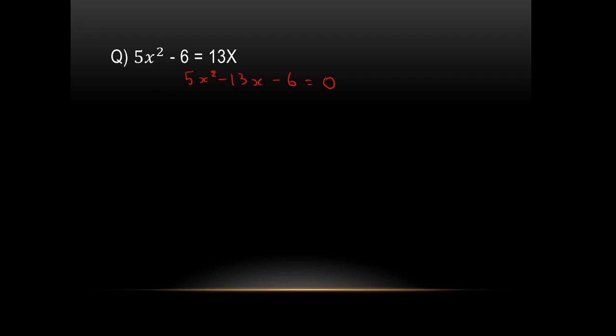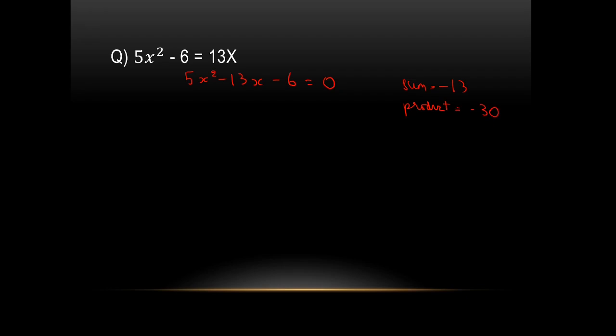It should be split in such a way that the sum is equal to minus 13 and the product is equal to minus 30. So which two numbers are like this?